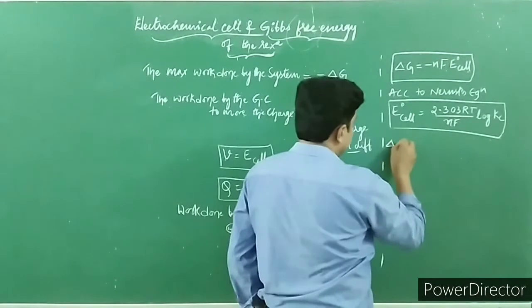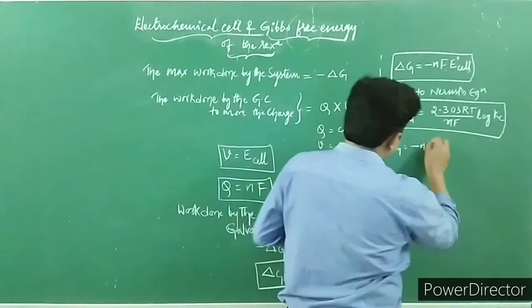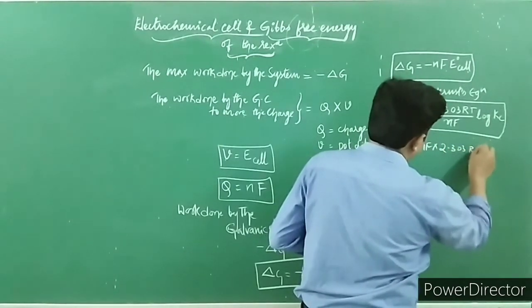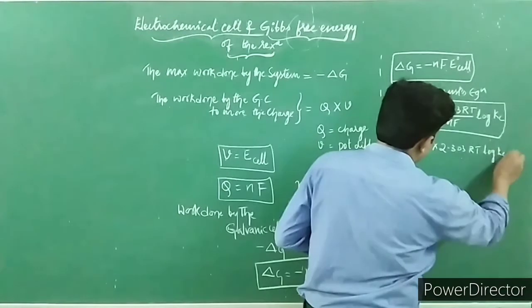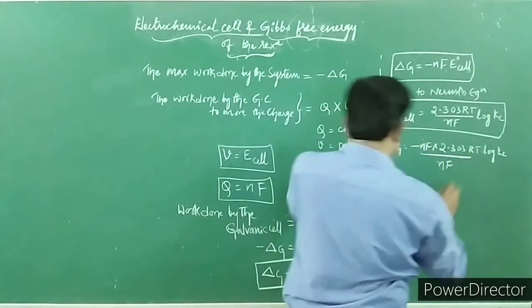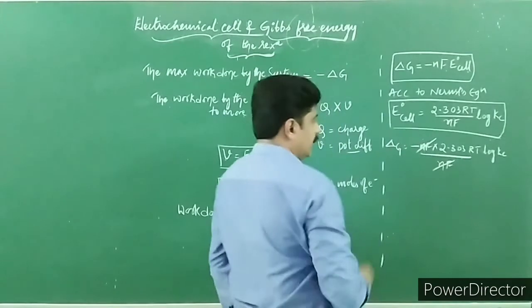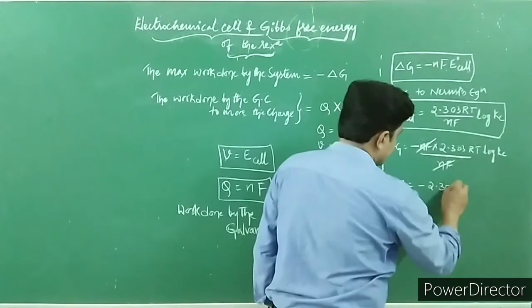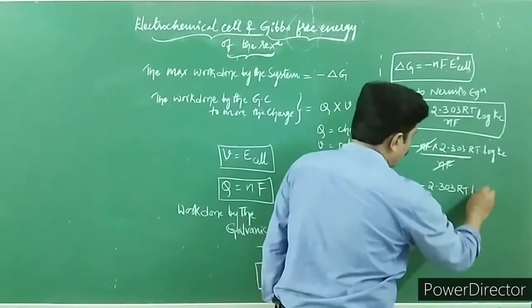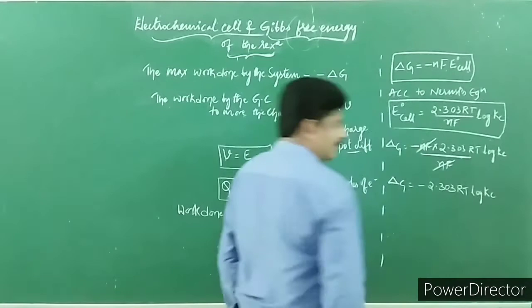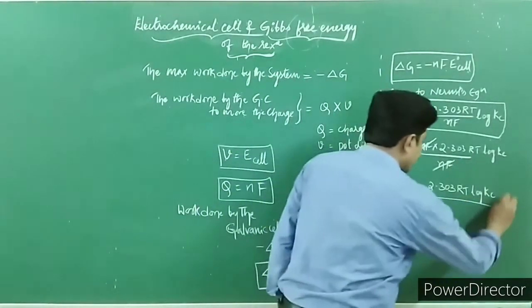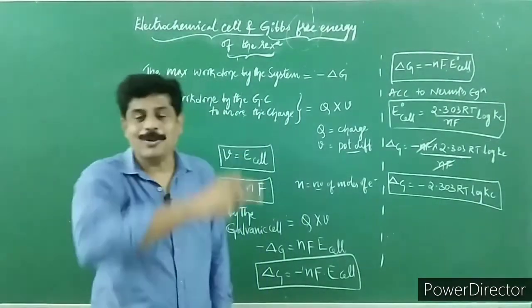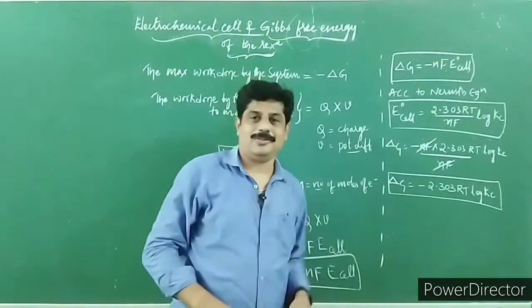Delta G is equal to minus NF into 2.303 RT log Kc upon NF. You can cancel this. You are going to get delta G is equal to minus 2.303 RT log Kc. Hope you're getting that. This is one of the important expressions because you are going to solve some of the numericals on this expression.